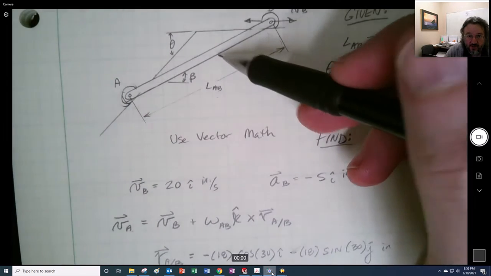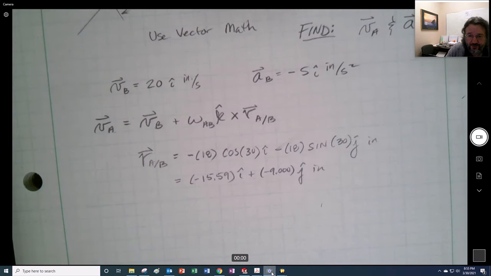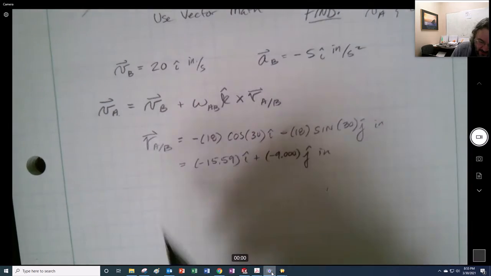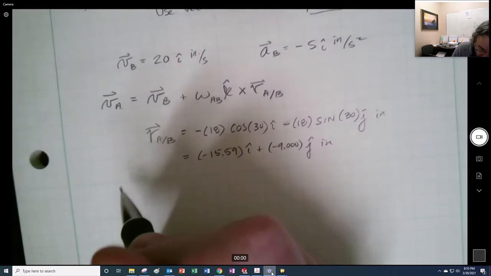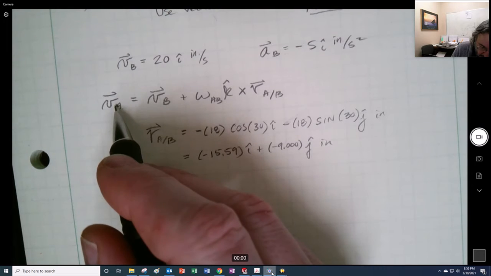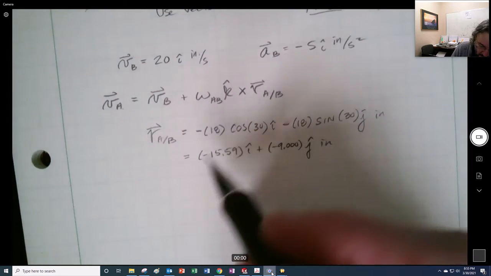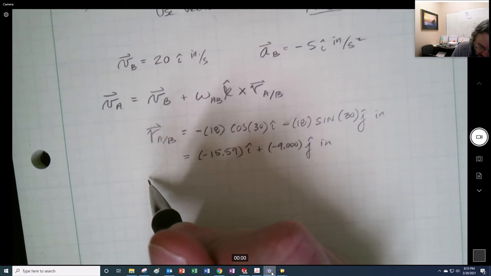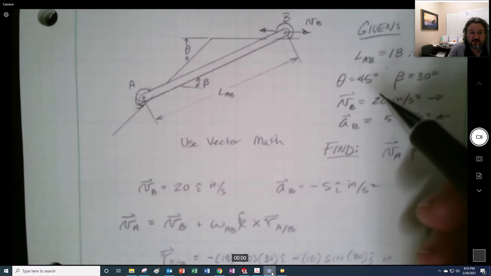Now, chances are it's going clockwise, but we'll just demonstrate that if we assume that it's positive, we're going to get the correct thing. Another thing that we might want to do is write out VA, and here's an important thing.